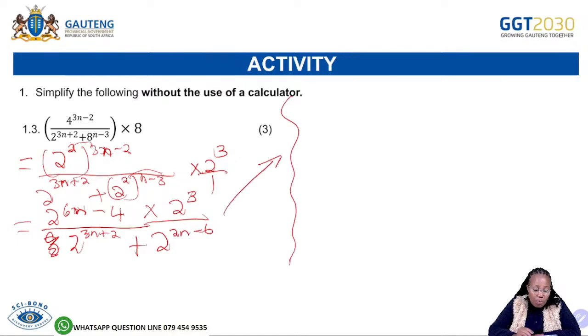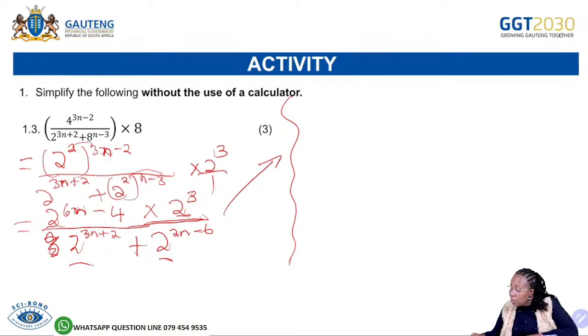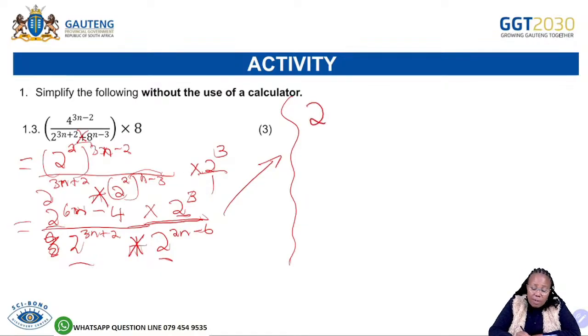Continuing with the same problem, grade 12, remember the rule that says the same base: when you divide, you subtract. When you multiply, you add the same base. Do you still remember that rule, grade 12? And then this is supposed to be multiplication, not addition. Okay, and then now we have same base 2. On top we have 6n minus 4 for this one.